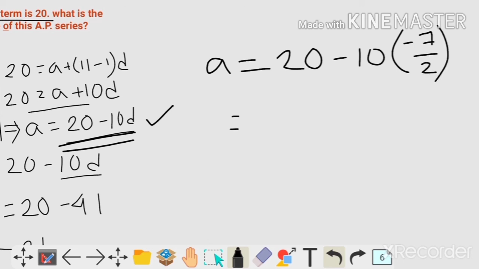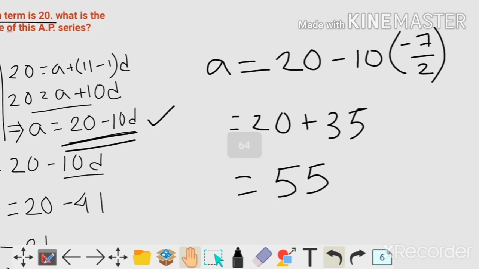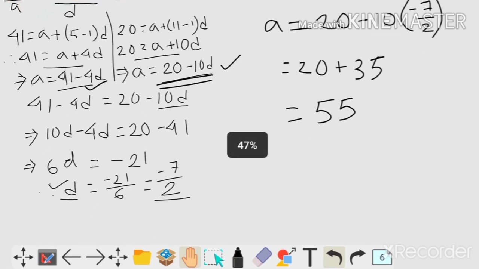So it gives 20 plus 35, that means equals 55. Okay, so you can see that the first term is 55 and the common difference is minus 7 by 2.